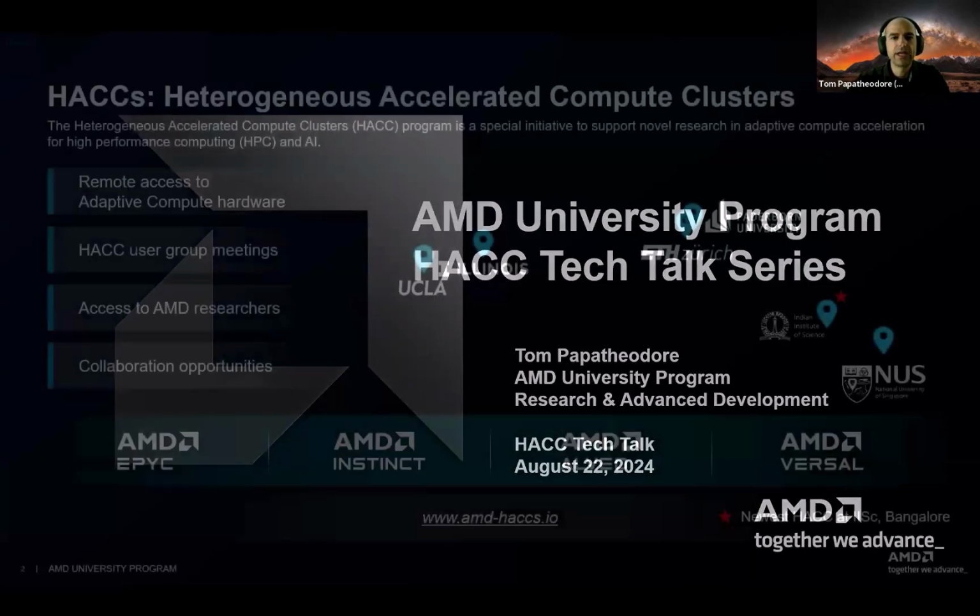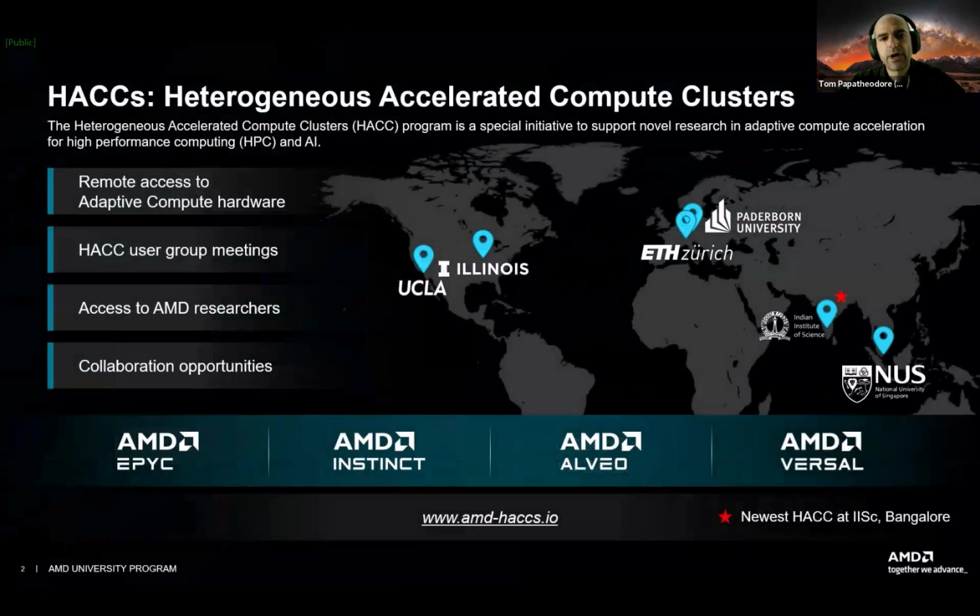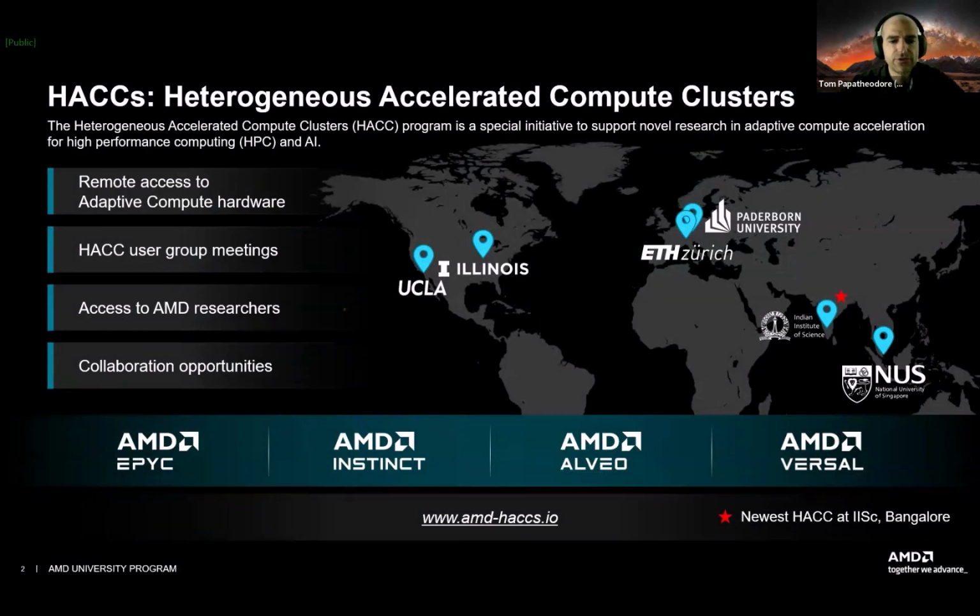For those of you who might not be familiar with the HACC program, or Heterogeneous Accelerated Compute Clusters, this is a special initiative to support novel research in heterogeneous accelerated computing for both AI and HPC. There are several HACC sites located around the world, as you can see here on this map. Each of these sites has clusters with compute nodes that have AMD EPYC, Instinct, Alveo, and Versal hardware.